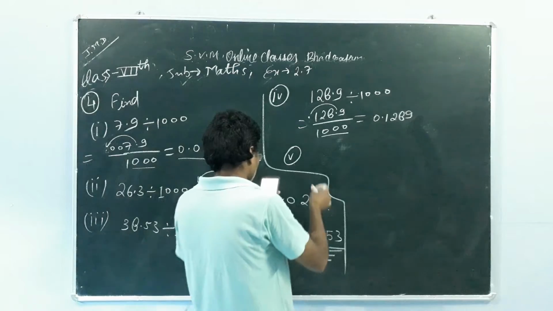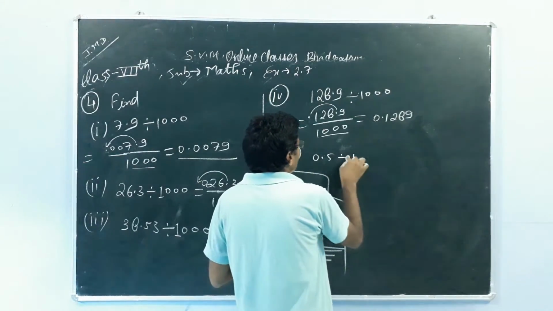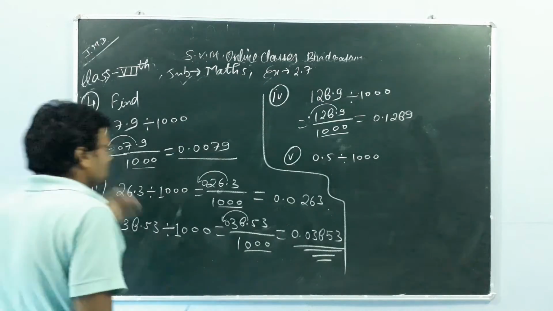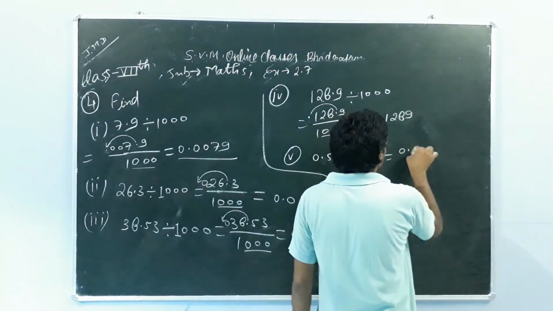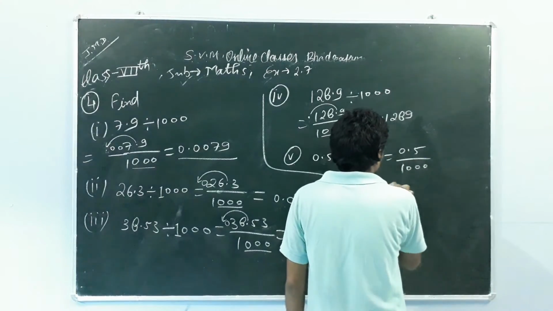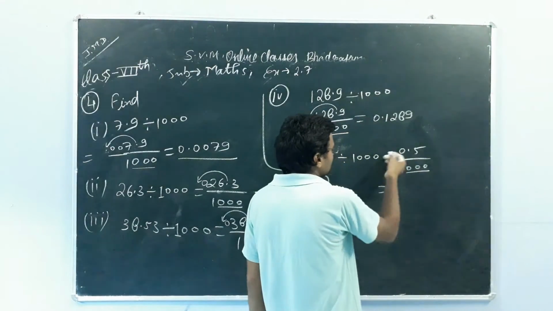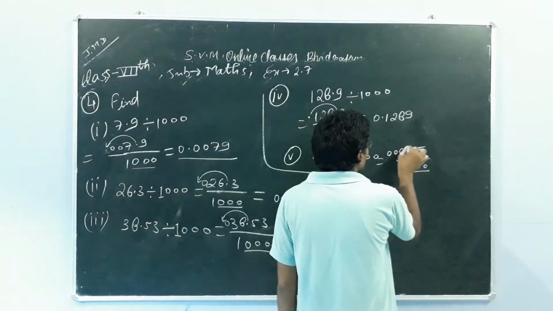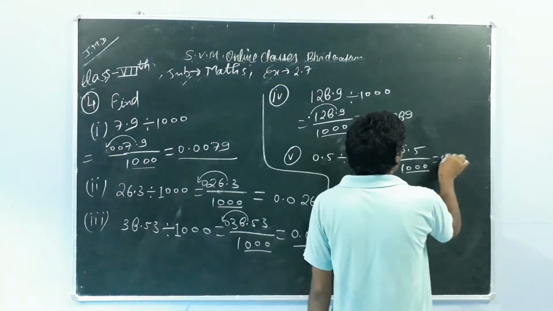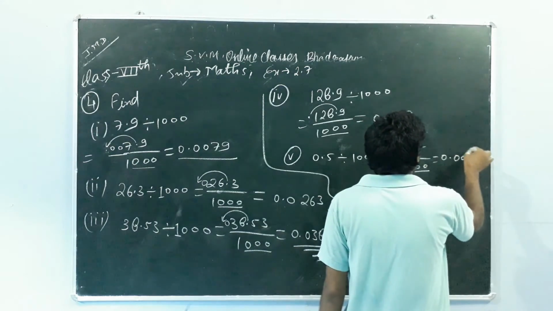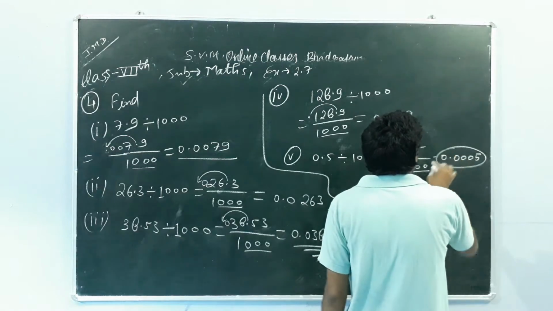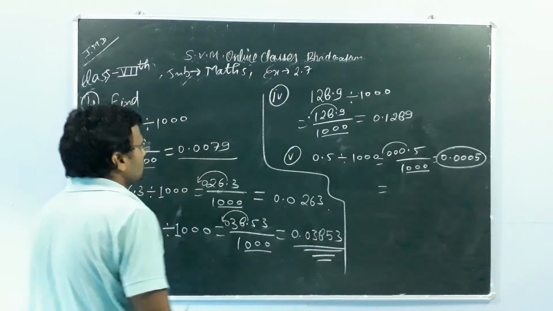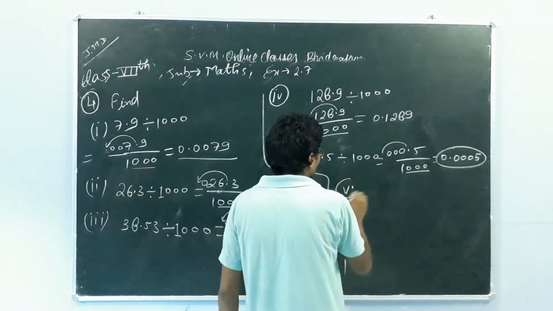So 0.5 upon 1000 equals, these three zeros will move our point three places. 1 digit is here and 2 are additional, so our point will come over here. Now what we get is 0.0005.